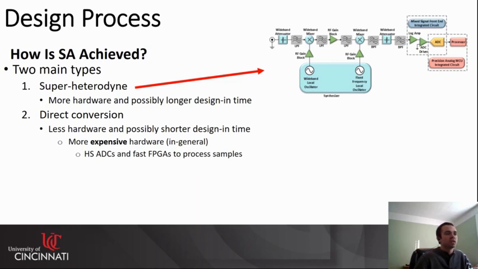For the superheterodyne case, as you have several frequency translation stages, you're going to have a higher part count. But with multiple translation stages, you're able to relax the requirements on your ADC as well as your processor. So that's where you get some cost savings.